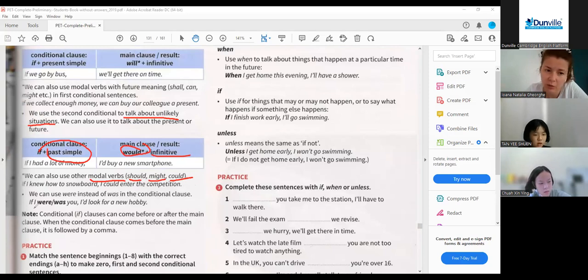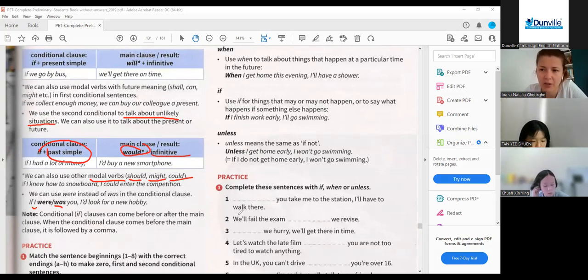It is the normal way of saying is I was. However, when we are writing in the conditional, it's very common to say if I were you. If I were you, I'd look for a new hobby. I know this might sound a bit weird, but that's how we actually use it in speaking.